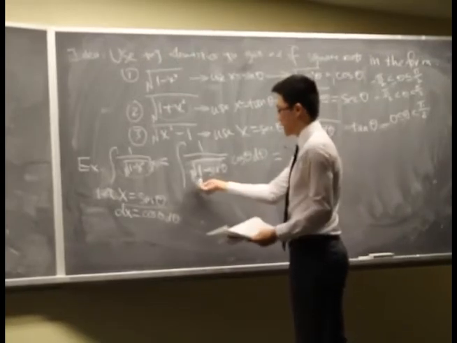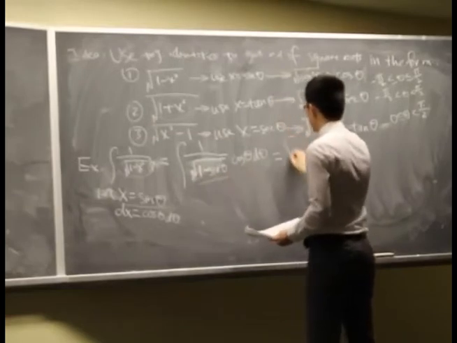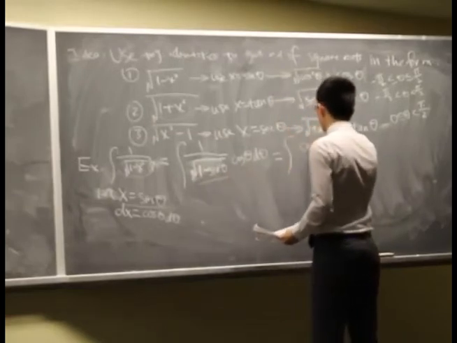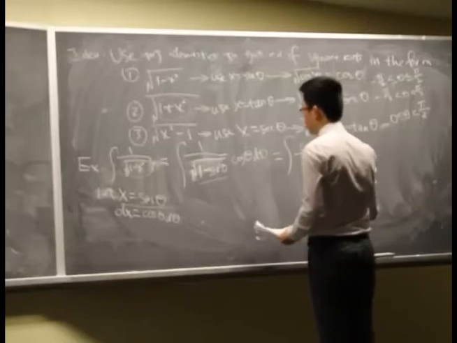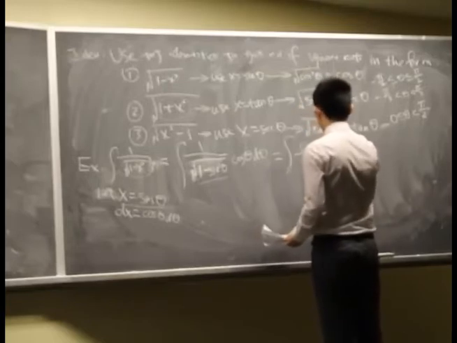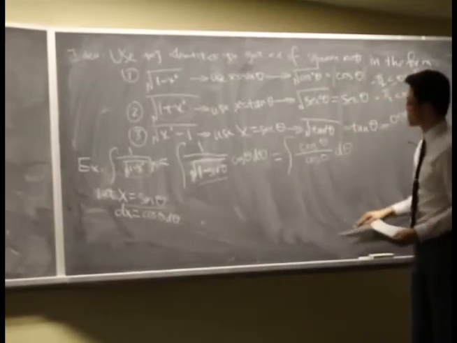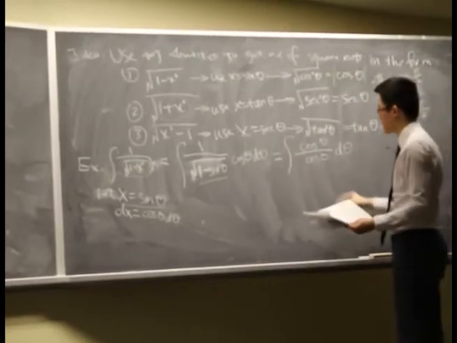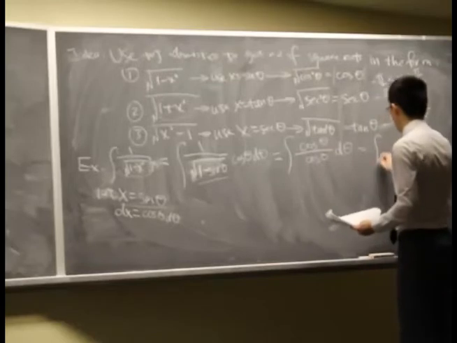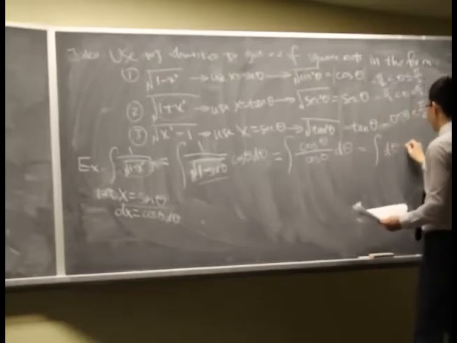And using the trigonometric identity, this is equivalent to cos theta over cos theta d theta. So all of a sudden this fairly complex expression turned into integral of d theta, which is just theta.